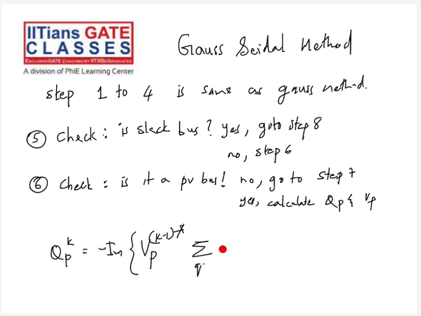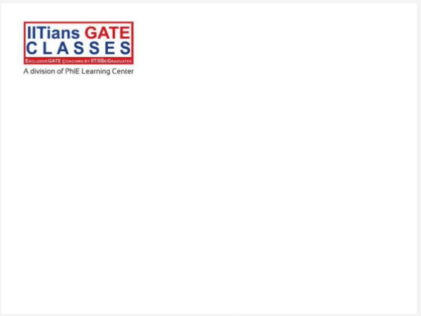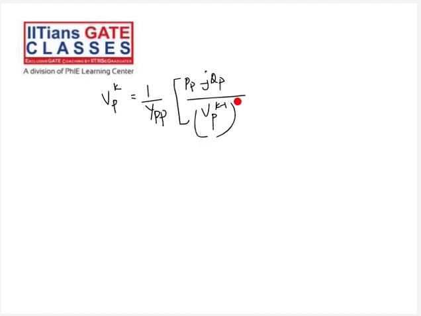We can calculate the QPK value like that and then calculate VPK as 1 by YPP into PP minus JQP divided by VP of K minus 1 conjugate, right?